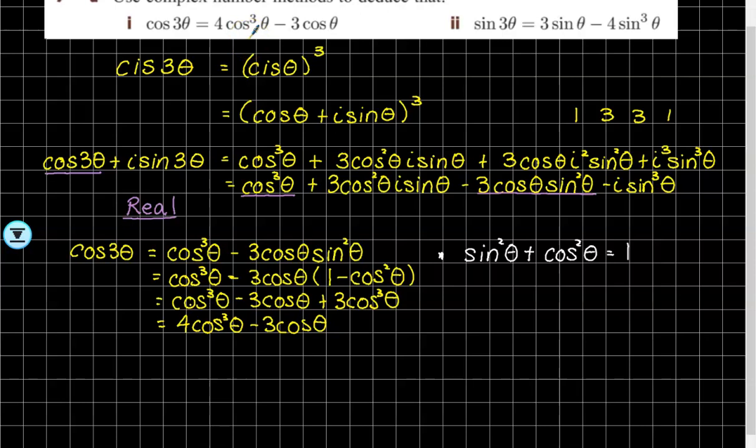We good with that? We're going to do exactly the same with the imaginary. So on the left-hand side, our imaginary is sine 3 theta. Now, I'm going to ignore the i's because that's the bit that's telling me it's imaginary. It's saying put that on the imaginary part, and on my right-hand side, my imaginary part is?